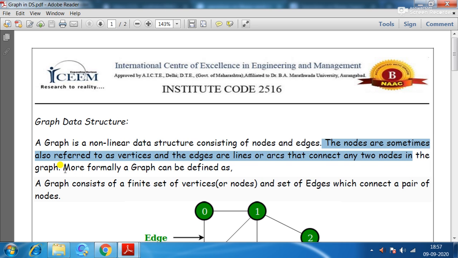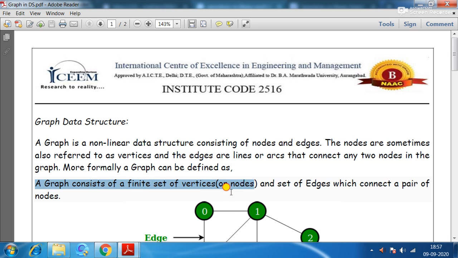More formally, a graph consists of a finite set of vertices and a set of edges which connects pairs of nodes.